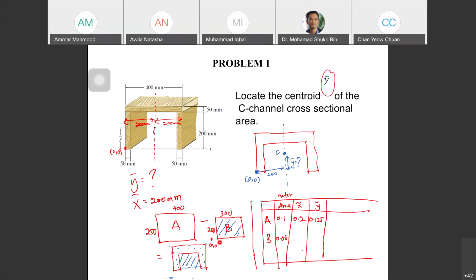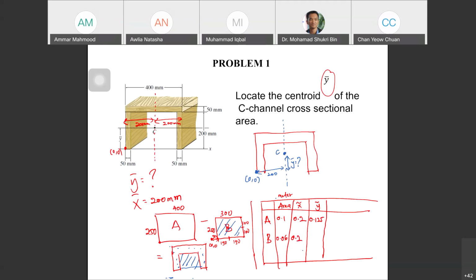So X bar for the B: the location of centroid B is here, which is 150, and here is 100. So the distance from the origin for the X bar is 150 plus 50, you have 200, which is 0.2 meter.